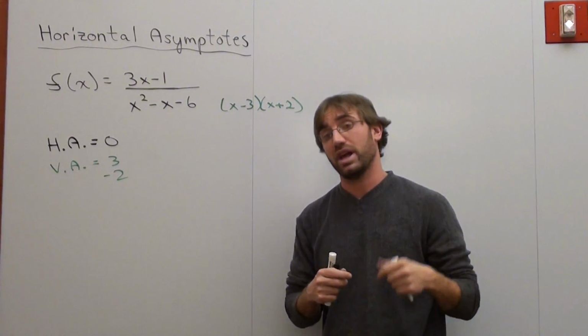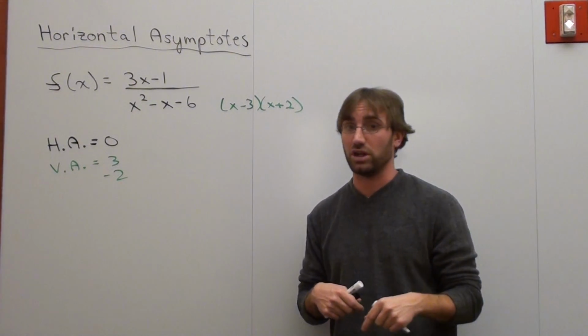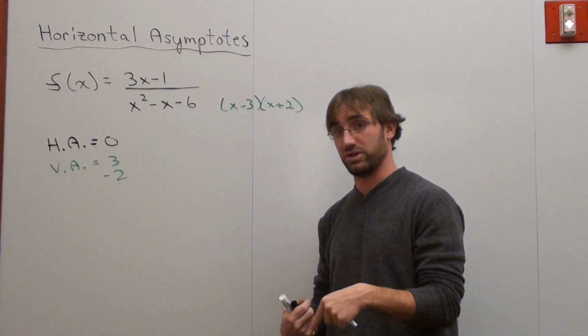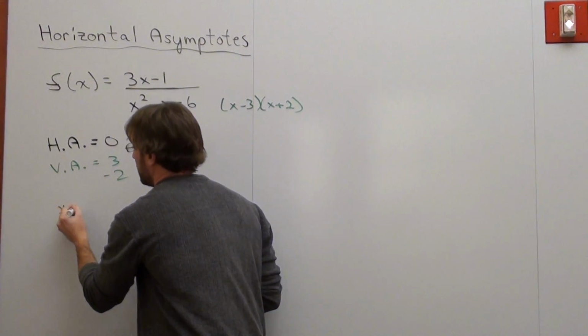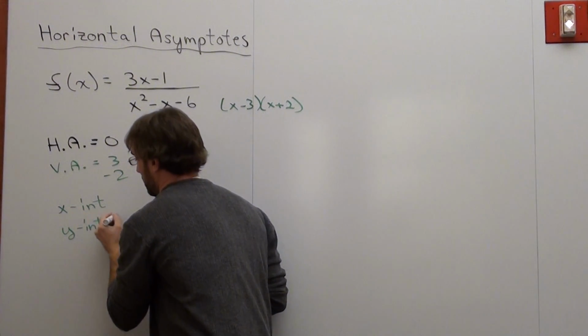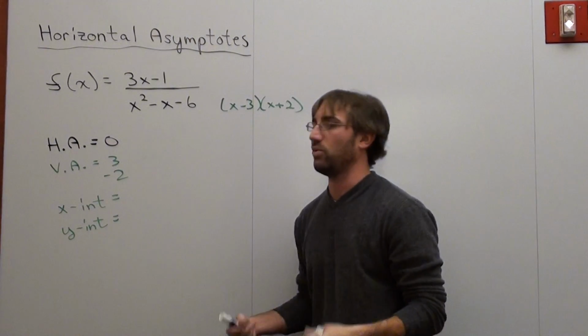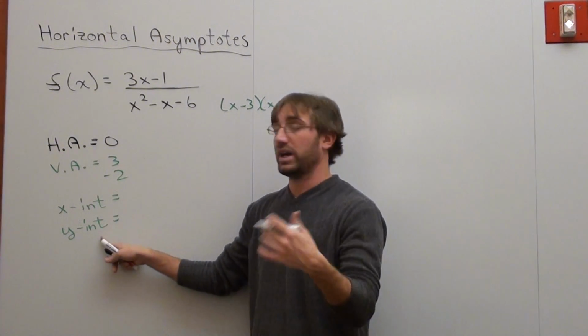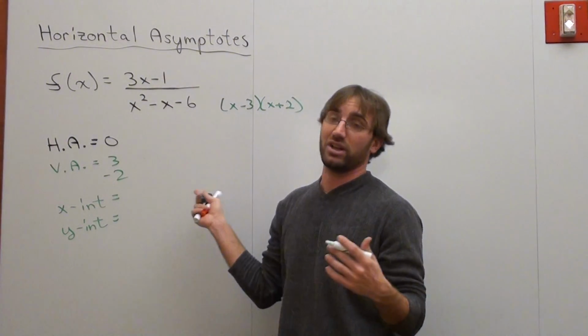There are a few other things that will make this problem a little bit easier to solve, and that is figuring out what the x-intercept is and what the y-intercept is. In my opinion, the y-intercept is much easier to solve, so we're going to do that one first. If you want to figure out the y-intercept, just set all the x values equal to 0.